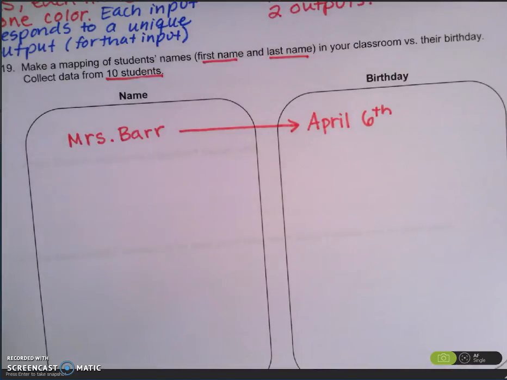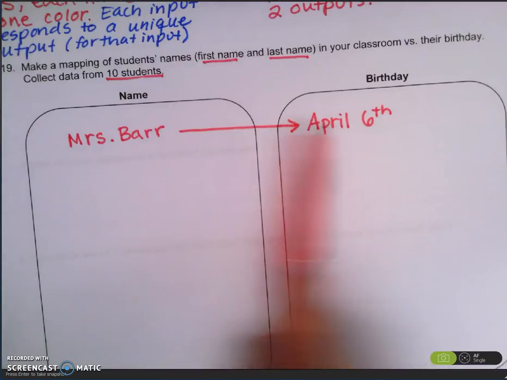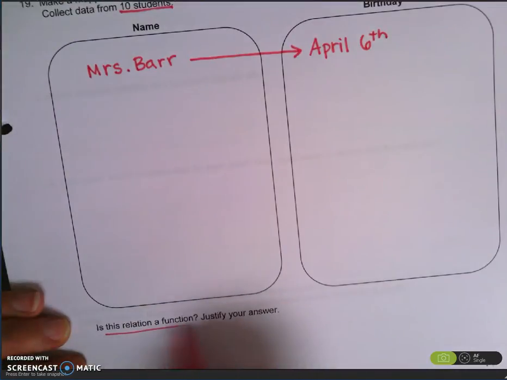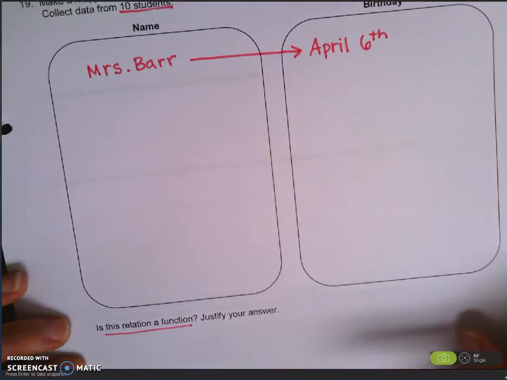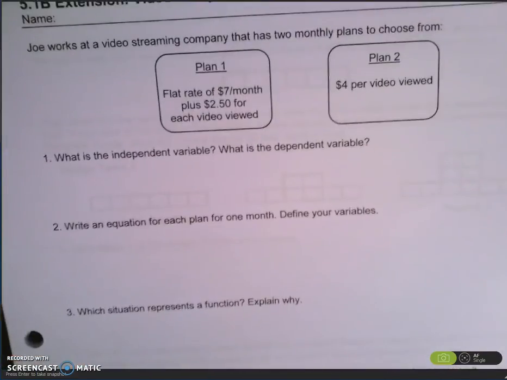Please be kind. Remember, you're going to map names to birthdays. You need to include first names and last names. I'm going to give you 7 minutes to complete this task. When you finish, can you explain if the relation is a function? If you finish early, you can move on to the extension video companies on the next page.